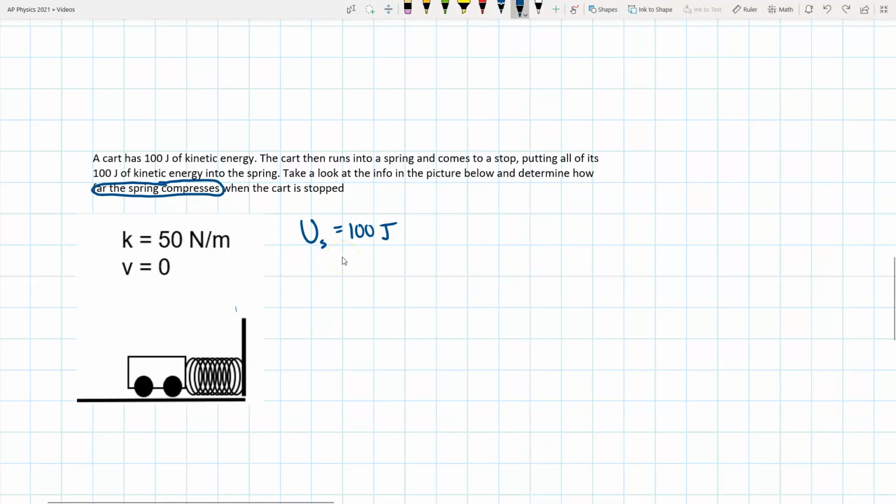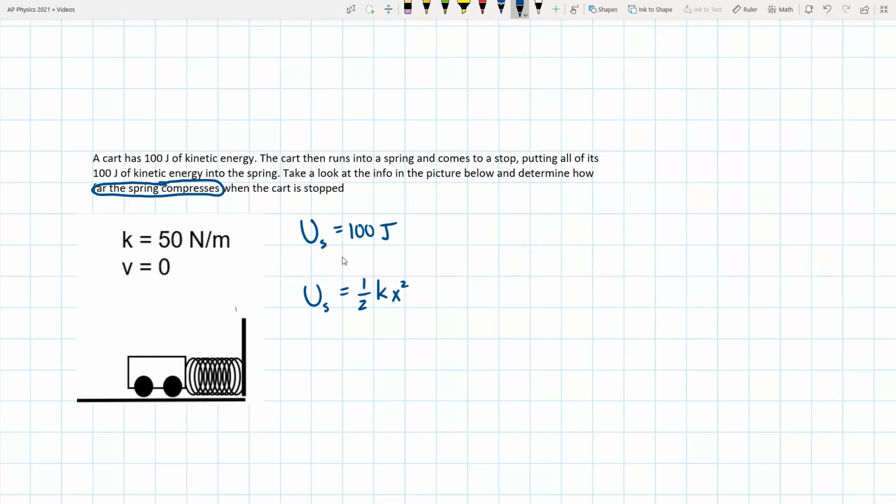All right. So we know that equation is 1/2 k x squared. So if there's 100 joules of potential spring energy, and we know that spring energy is equal to this equation right there, we're trying to solve for how far this thing compresses.